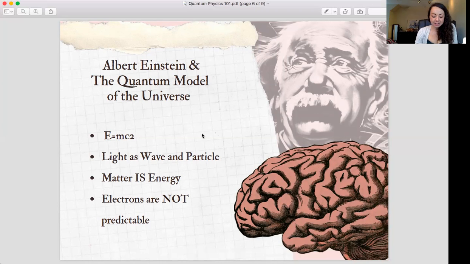So Einstein did this by studying light, and he saw that the way light functioned, sometimes as a wave and sometimes as a particle. So what that means, in simple terms, the way that I understand it, is that a wave is like an up and down factor, right?